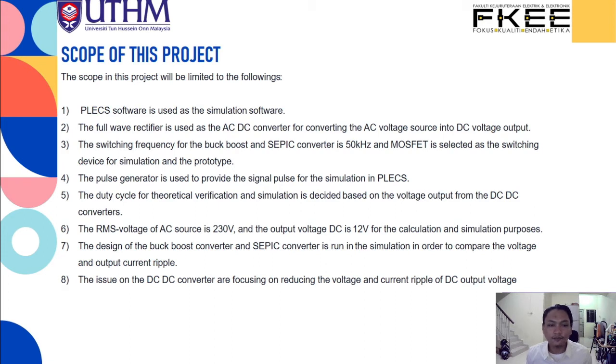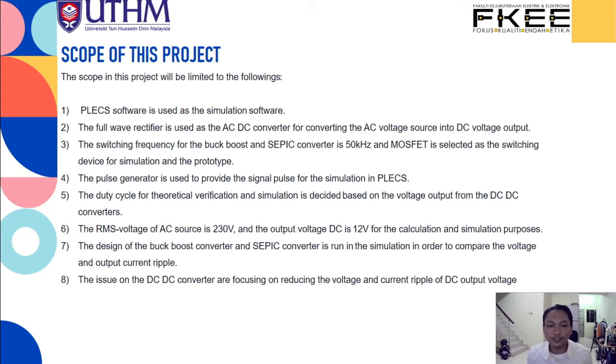The duty cycle for theoretical verification and simulation is decided based on the voltage output from the DC-DC converters. The RMS voltage of the AC source is 230 volt, and the output DC voltage is 12 volt for the calculation and simulation purposes. The designs of the buck boost converter and SEPIC converter are run in the simulation in order to compare the voltage and output current ripple.